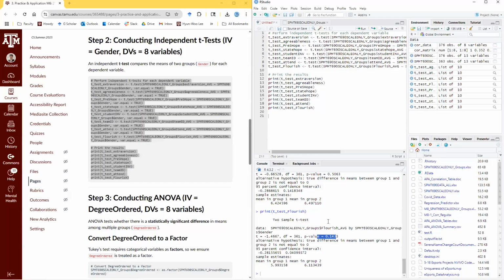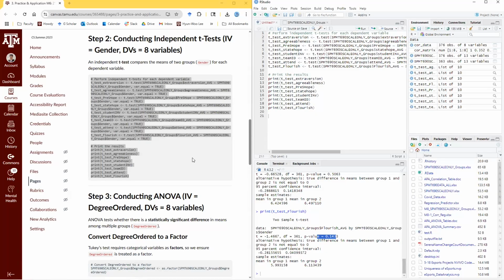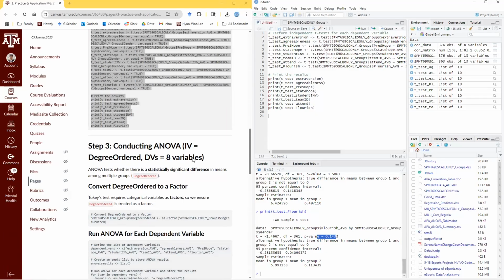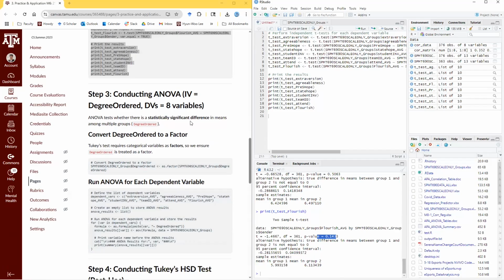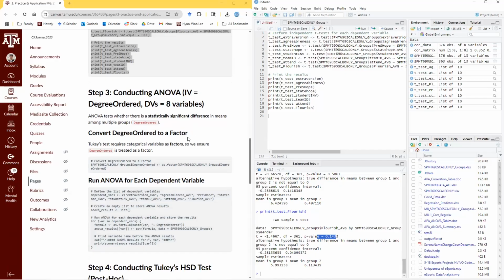in terms of gender, right? So now let's start working on ANOVA with these eight variables with degrees. So we had 6 degree measures ranging from freshmen, sophomore, junior, senior, master's, and PhD students.